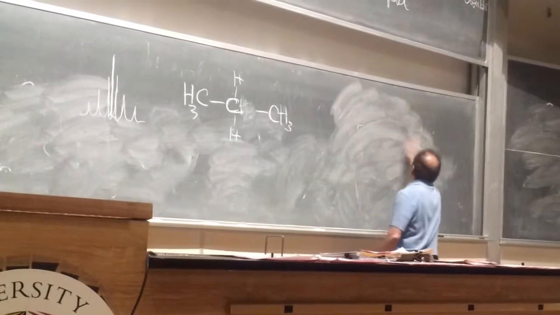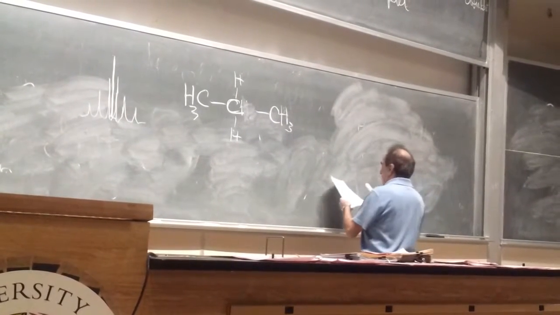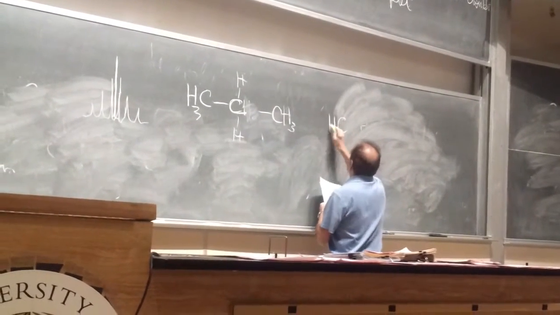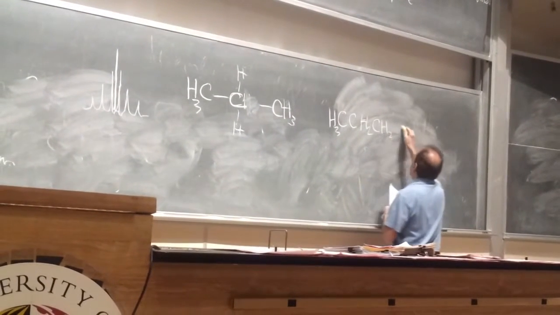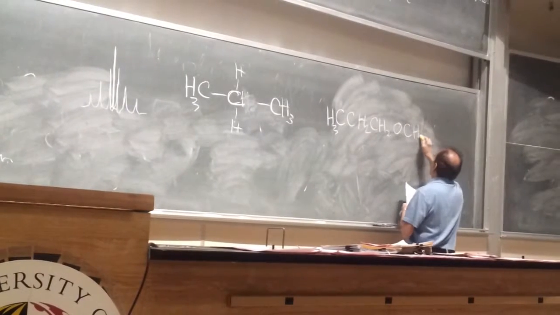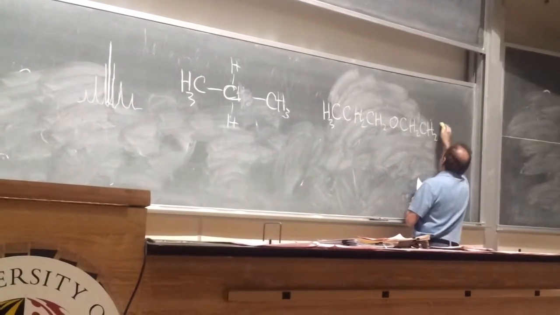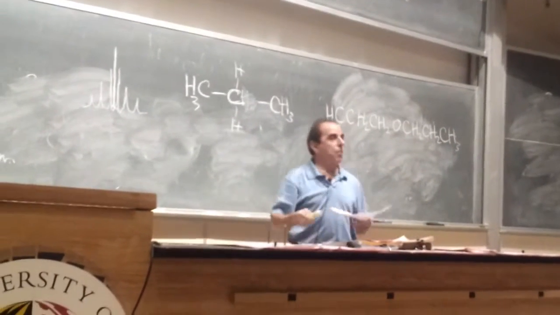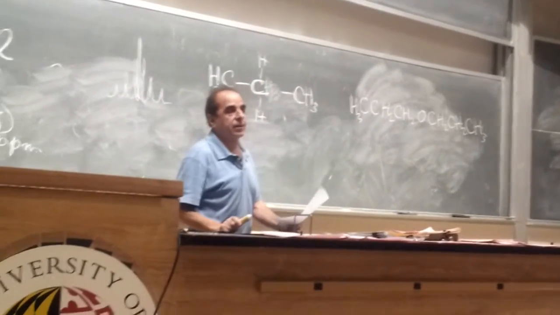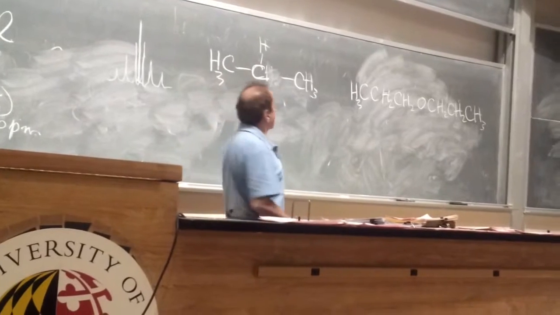So let's say I'm going to draw the structure of this compound for you, and I will discuss what you expect to see for the NMR of this. This is an ether. Because the molecule is symmetrical, how many types of signals do you expect? 3 types of signals.